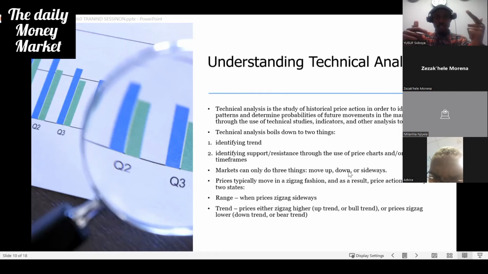To understand technical analysis, you need to identify the trend, and you need to identify support and resistance. You need to understand how the price typically moves. The price action movement can only move in a range, number one, or it can move in a trend. Those are the things you need to understand when it comes to technical analysis.